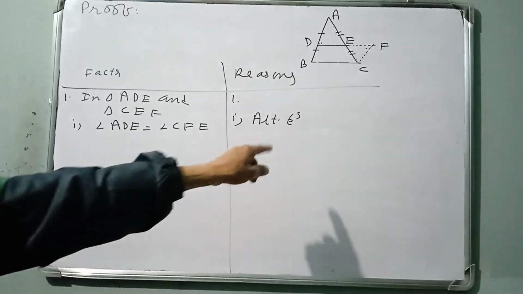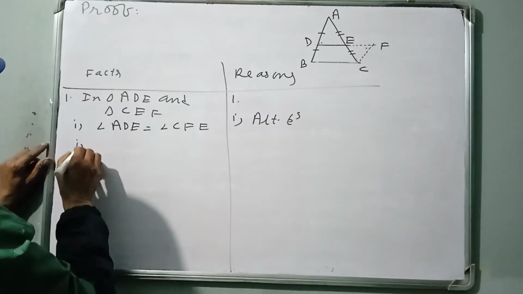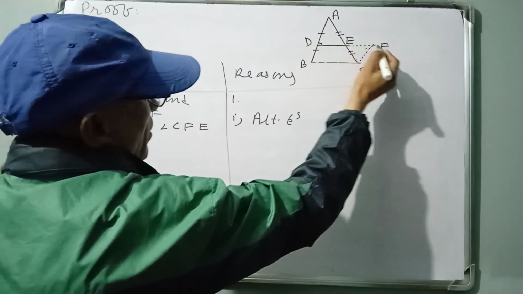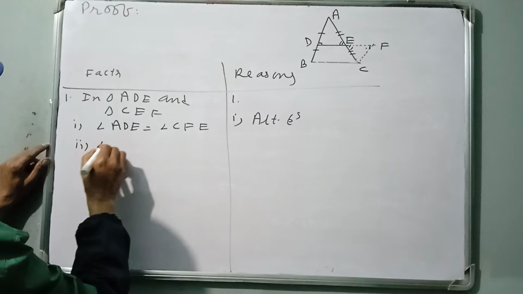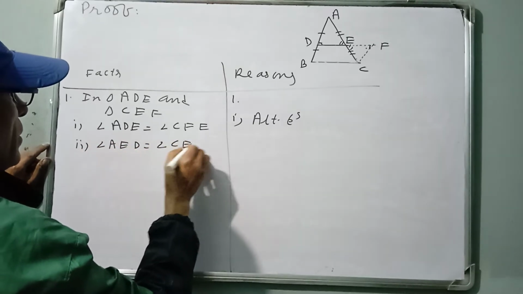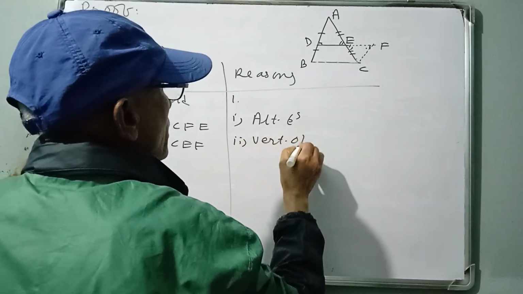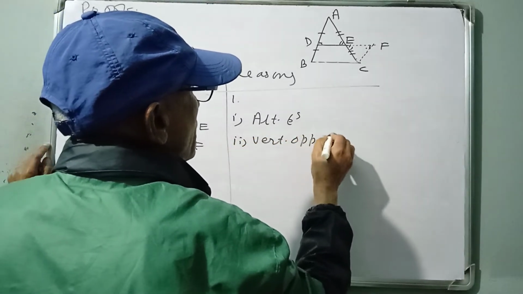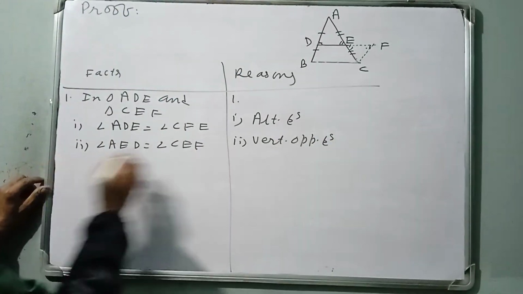Full form alternate angles, you can write ALT alternate angles. Another, this angle equal this angle, angle AED equal angle CEF, vertically opposite angles. Full form is vertically opposite angles, but you can write this way.